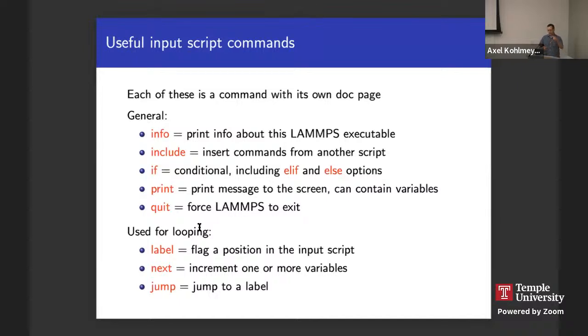So if you want to run for 100 steps, do some computation or diagnostics, and then change something and then loop again. There's different commands. There's the label. So that sets a position in the input script. Next, we'll increment one or more variables. And then you can jump. So you can jump to a label, so you can jump around in your input scripts and use that for looping.